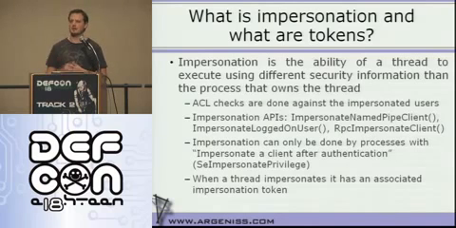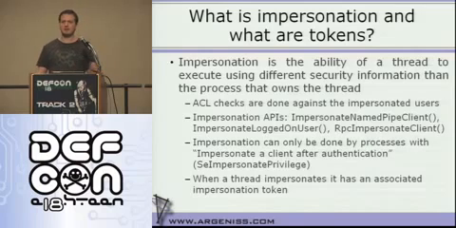When a thread starts to impersonate, it can start acting as if it were another user. So when this thread starts to access resources such as the file system or registry, all the ACL checks are performed against the impersonated user and not the user that the process is running under.